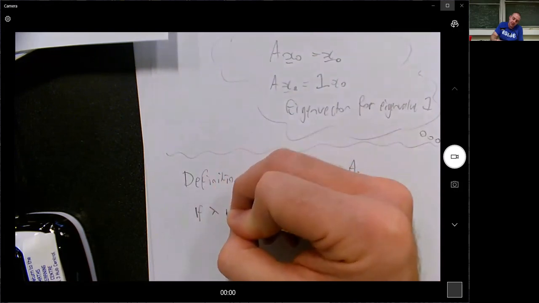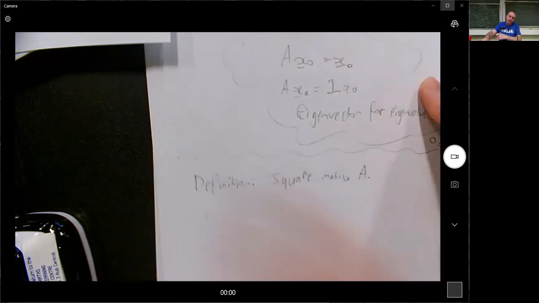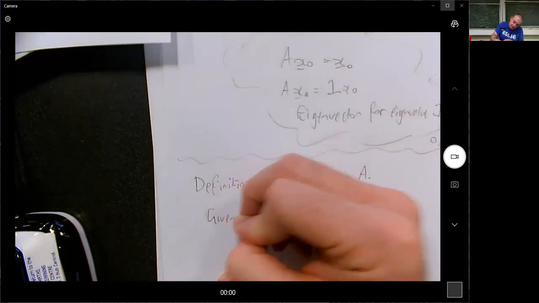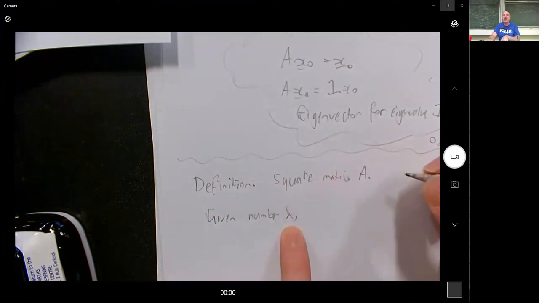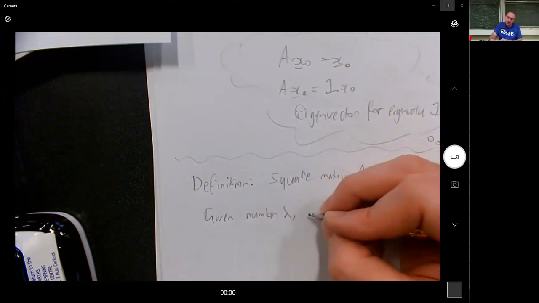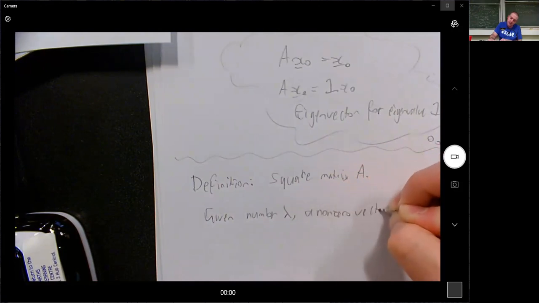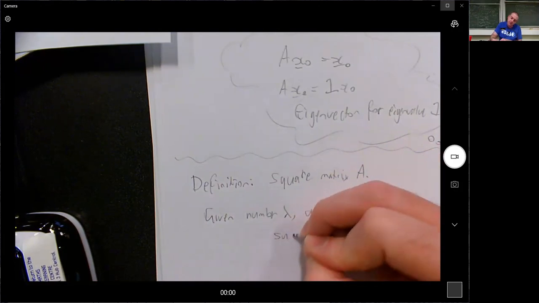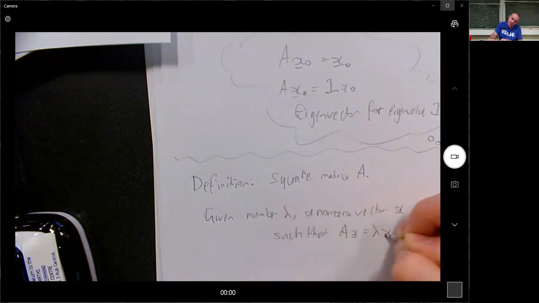If lambda is a number, so given a number lambda, it's traditional to call it lambda, that's what they called it in this course. Okay. Given a number lambda, a non-zero vector x such that Ax is equal to lambda x is called an eigen.